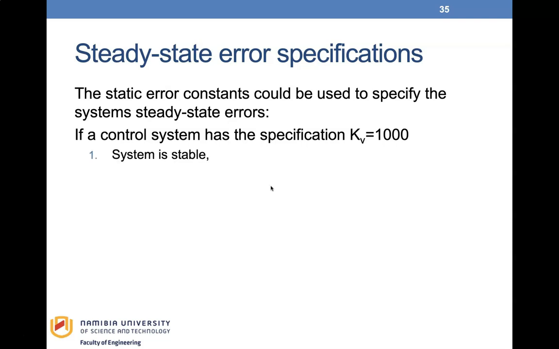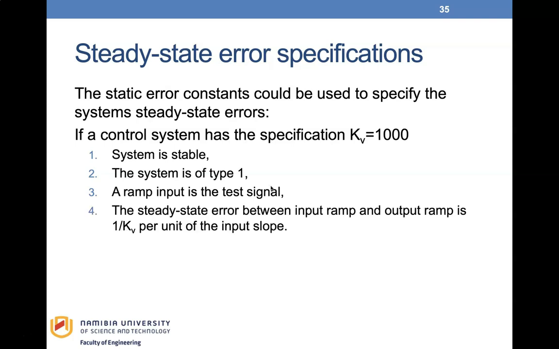One, the system is stable, because usually the system must be stable before we can compute the static error constants. Two, the system is of type 1, because it's Kv. Three, a ramp input is the test signal.